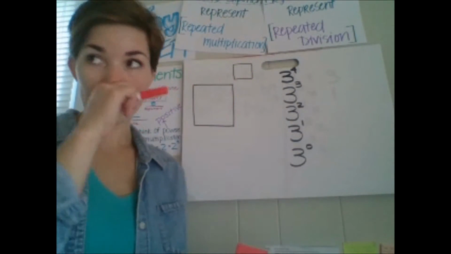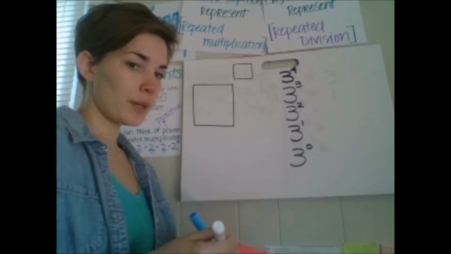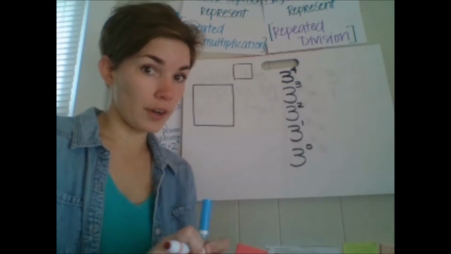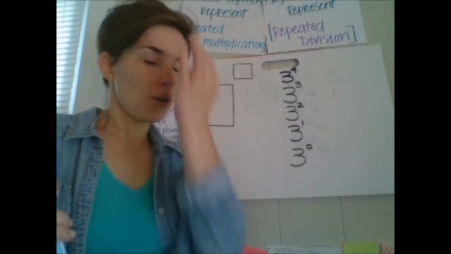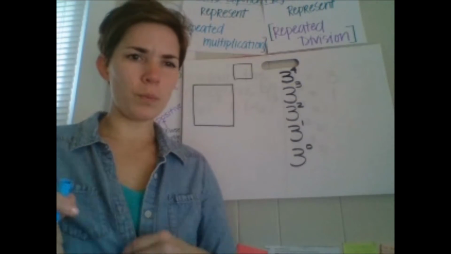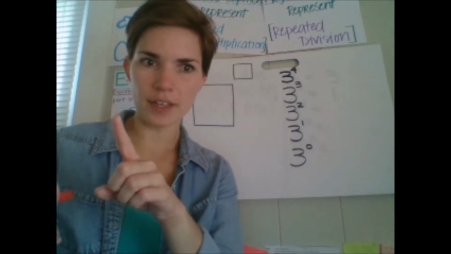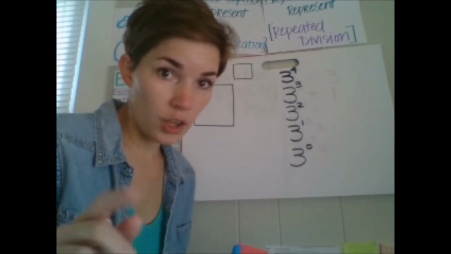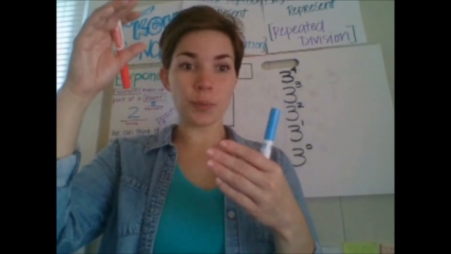Okay, so let's talk a little bit about exponents. Again, remember that when we have an exponent, the exponent is just one piece of the puzzle though, right? A power, which is a base and an exponent put together, has two parts.